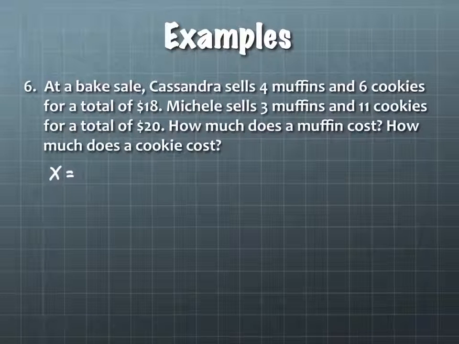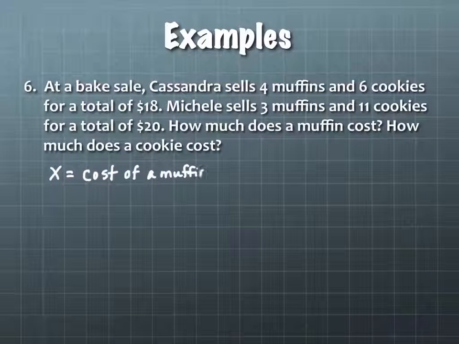What would x or could x be in this problem? Very good. I even like how you used the word cost. That's important. This is the cost of a muffin. So then, what could y be? Yeah, the cost of a cookie.